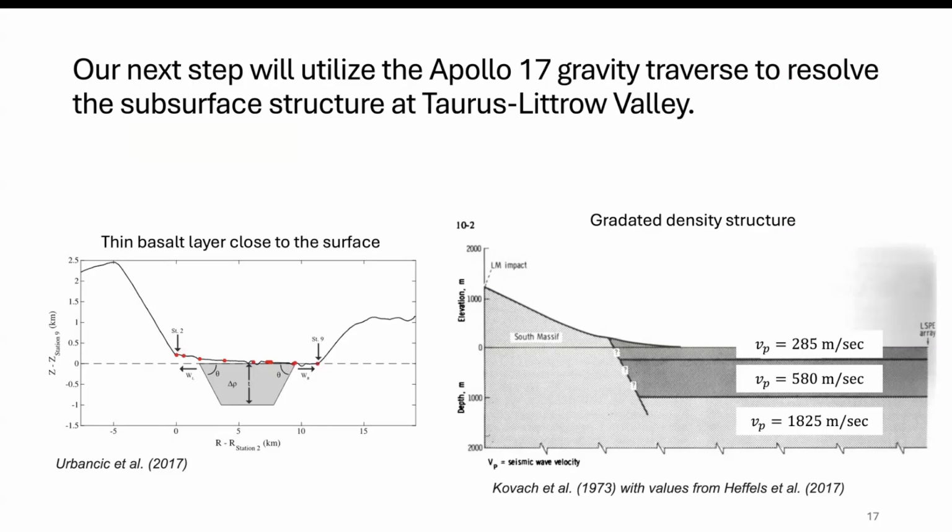This is technically a solution that is viable with the gravity that they collected. But looking at Apollo 17 seismic data, this is also a viable solution to the subsurface structure: a more gradated density structure with low density material at the surface and much denser material towards the bottom. So clearly it's open to interpretation what the exact substructure looks like.